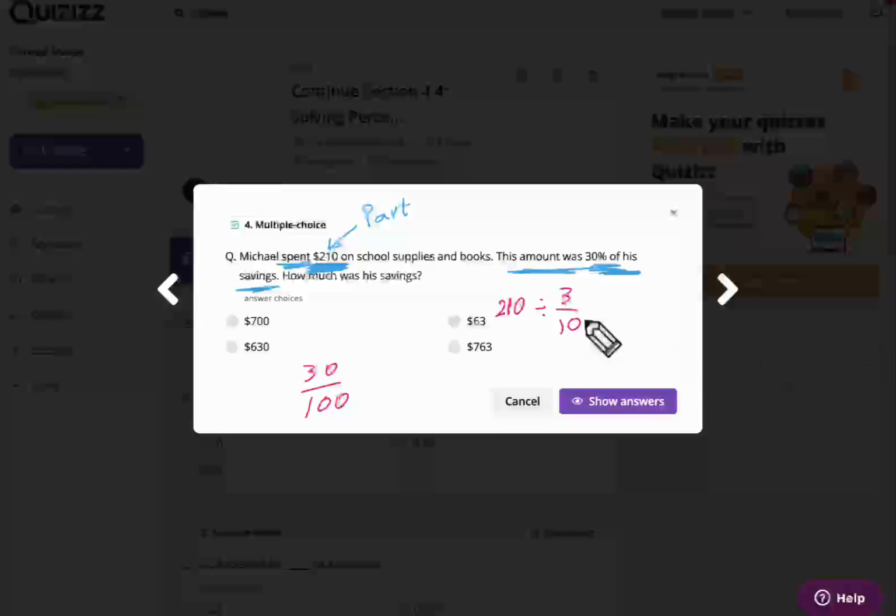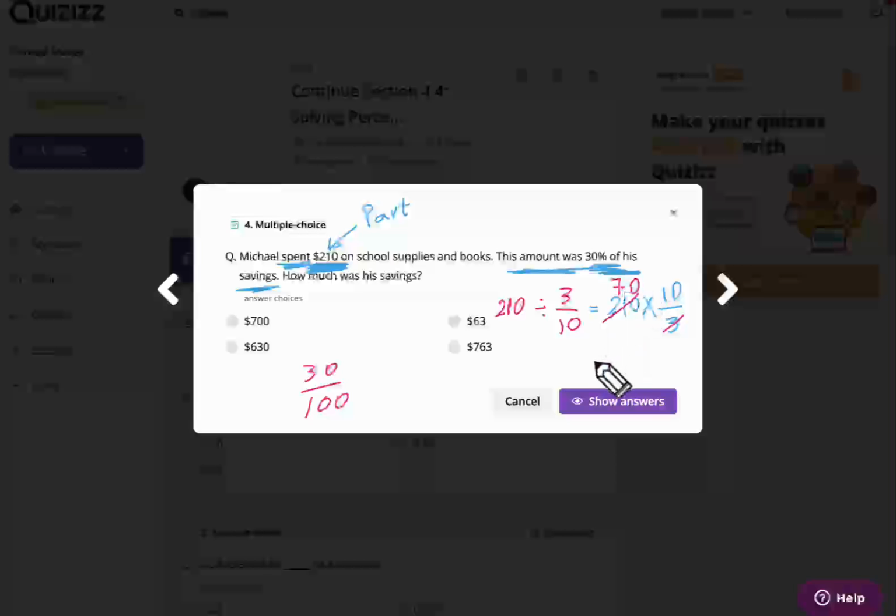Now, it will be 210 multiplied by, help me, multiplied by what? Ten. 10 over 3. Now simplify, divide by 3. 21 divided by 3 equals 7. And 0 divided by 3 equals 0.